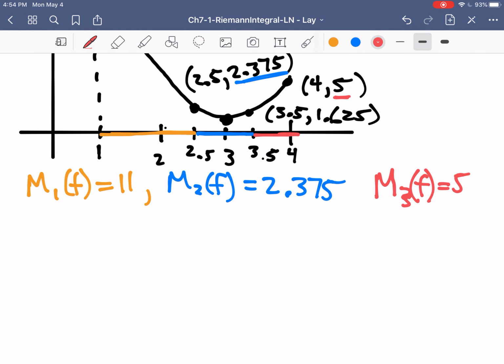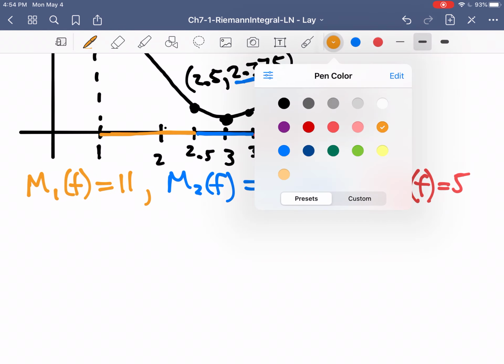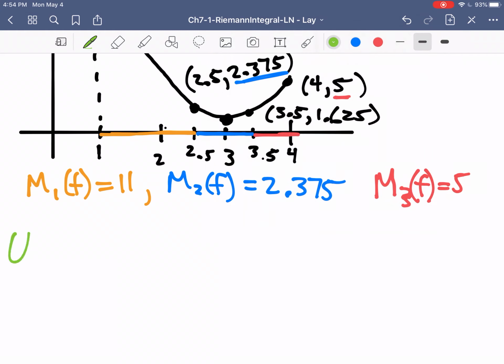And so our upper sum is going to be 11 times the width of that first subinterval, right?